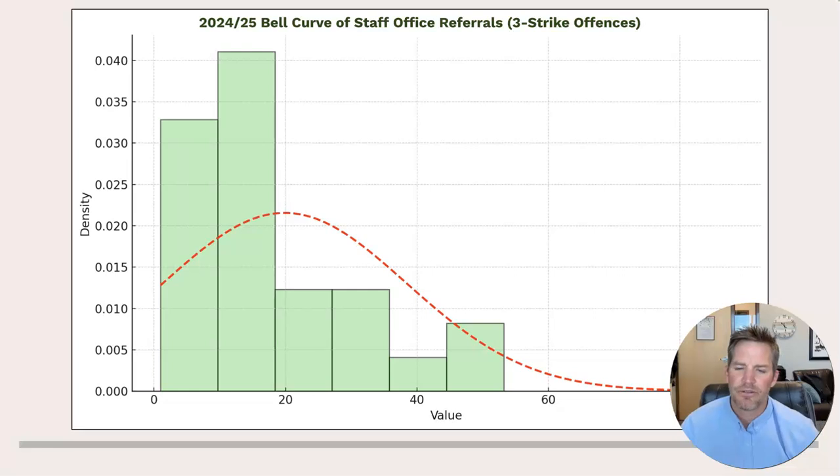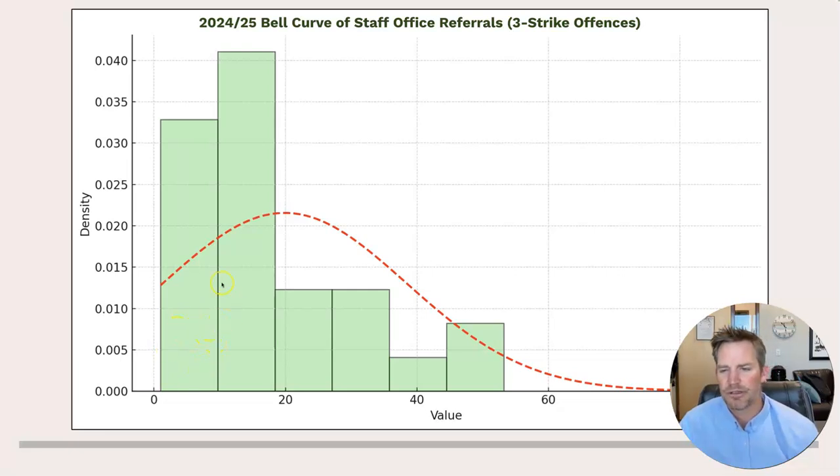This is kind of a bell curve of office referrals by staff. And I think it's just important to look at this data and think about what it might reveal. This value on the x-axis here is the number of office referrals, and each one of these little bricks here is a staff member.